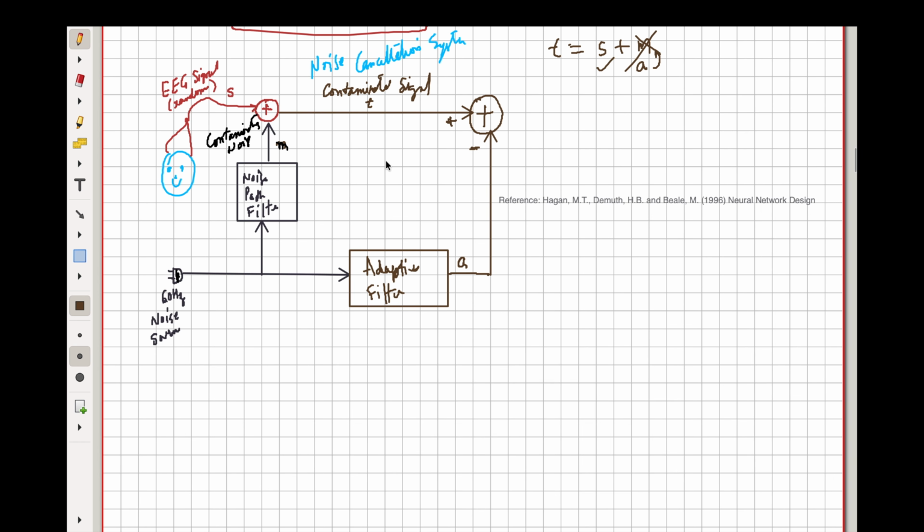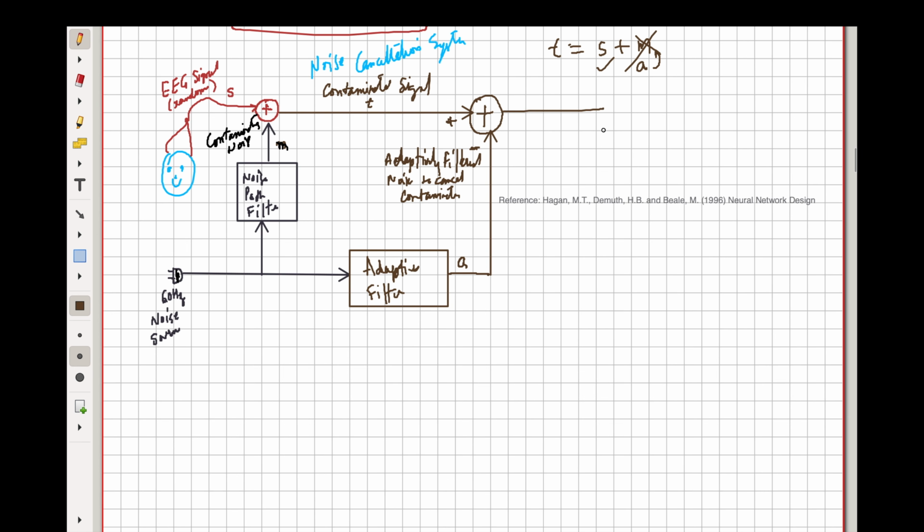And so we can write that out here: adaptively filtered noise to cancel contamination.